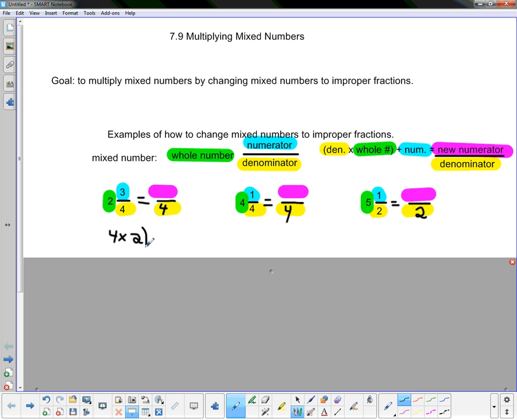Remember, we do that first, and then we'll add that to our numerator, and that will get our pink answer. So 4 times 2, that is 8. Let me write that above there. 8 plus 3 is 11. So 11 is my new numerator. And that's how we do it.